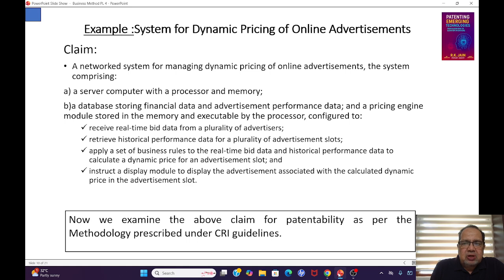Now with this historical perspective, this system has a methodology by which dynamic online bids are continuously received.